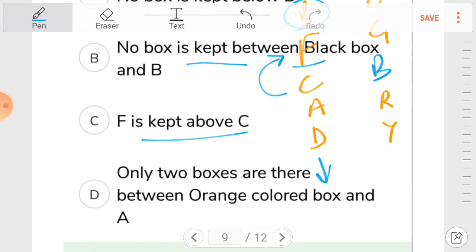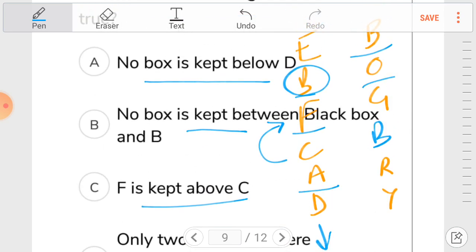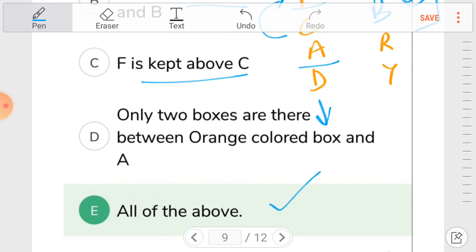Only two boxes between the orange color box and A. Between A and the orange colored box, there are only two boxes. So all the above statements are correct.